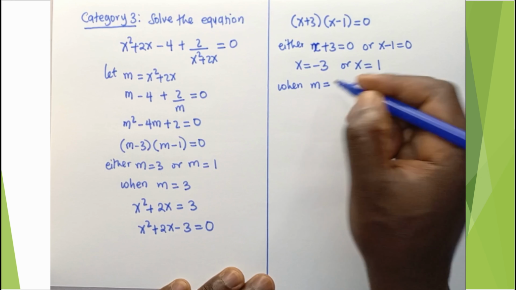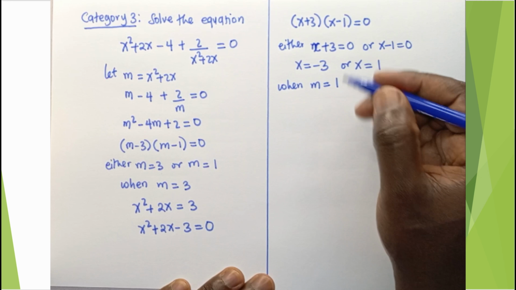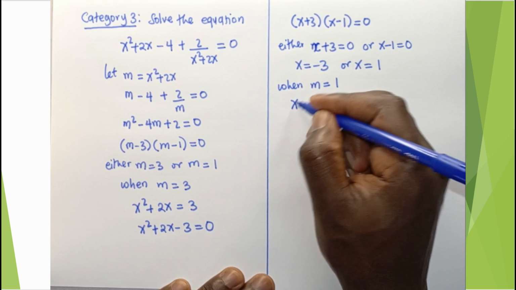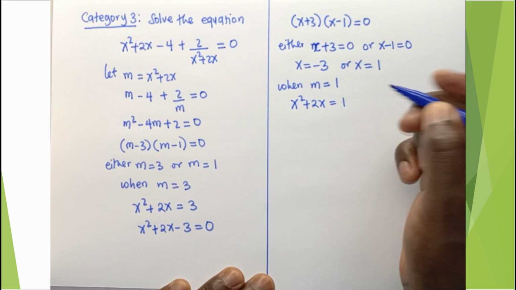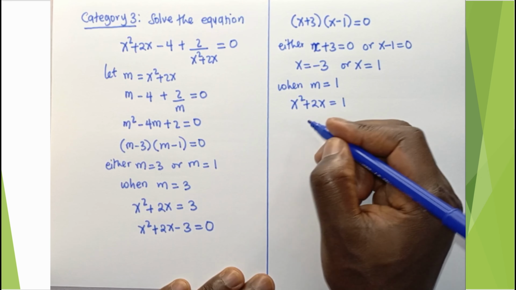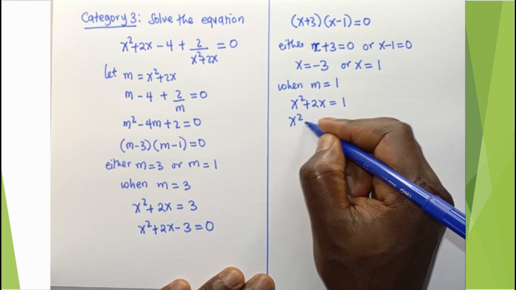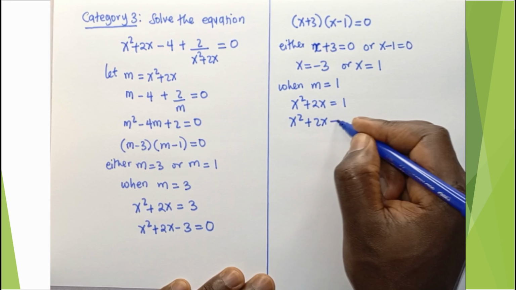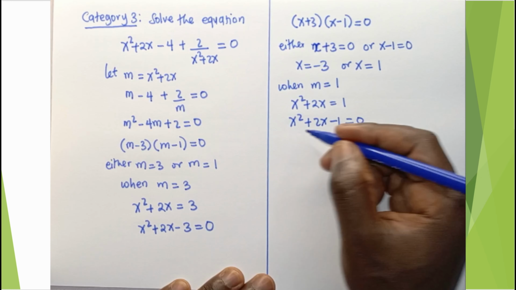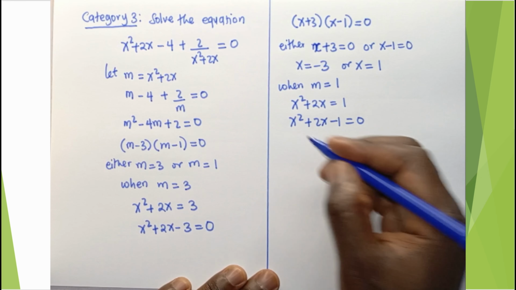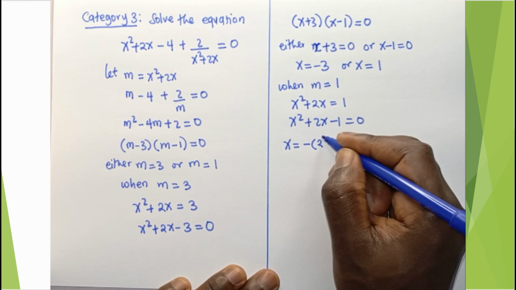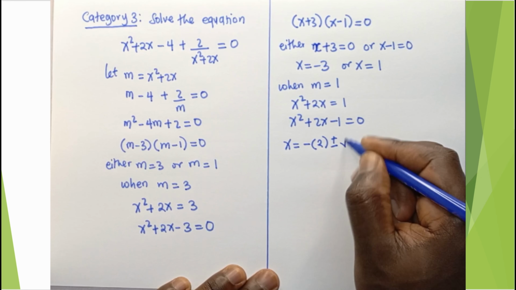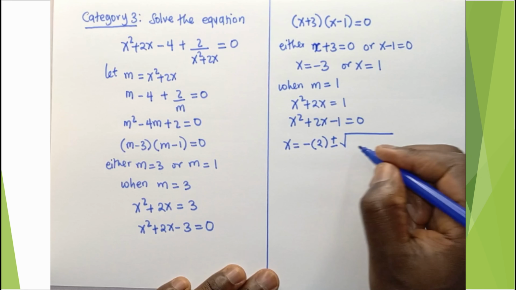When m is equal to 1, we shall have x squared plus 2x equal to 1. So this is how you battle such a number and you clear it. You just look at those similar parts and then you deal with them. So as we continue to simplify, we solve our quadratic equation using the quadratic formula, so we substitute accordingly.